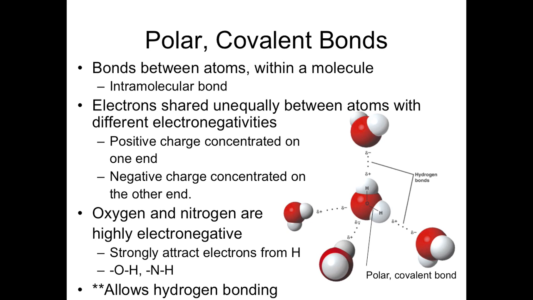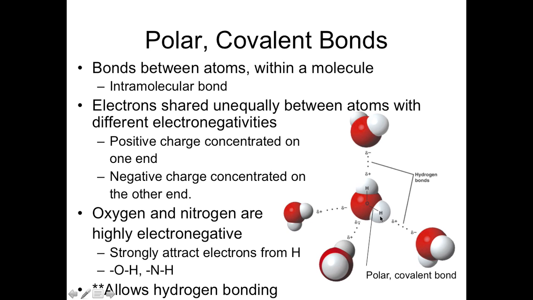And the result of polar bonds is that you have partial charges. So the atom that retains more than its fair share of the electrons, so the atom where the electrons spend most of their time, has a partially negative charge associated with it. In the case of water, that would be the oxygen, which is much more electronegative than hydrogen.